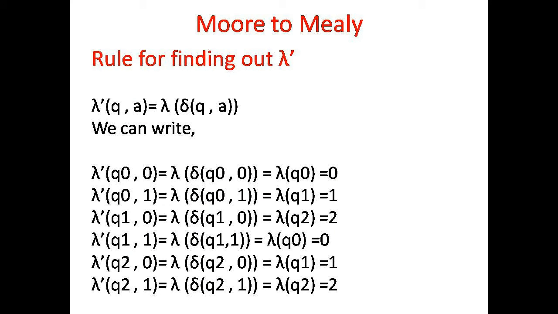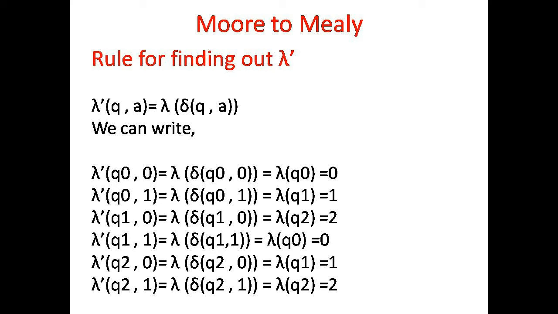Now we have to convert this Moore machine to the equivalent Mealy machine with the del state function and lambda machine function table. But here is a change in the lambda dash function.